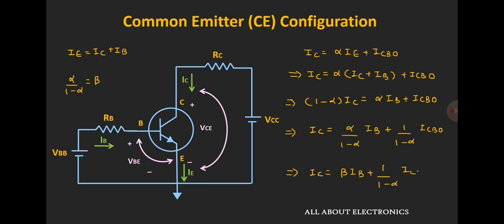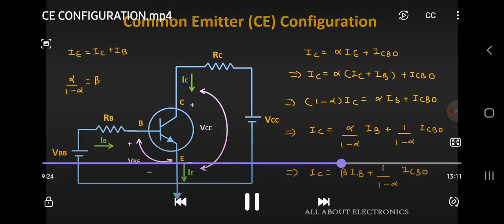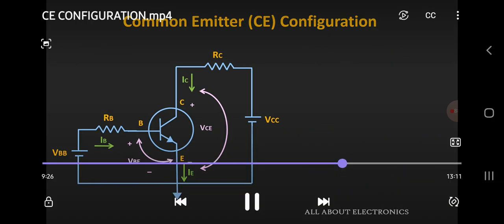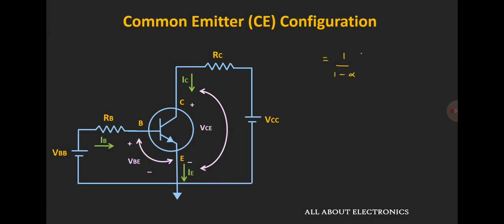So we can say that this collector current IC is equal to beta times IB plus 1 divided by 1 minus alpha times ICBO. Now whenever this base current IB is 0, at that time this collector current IC can be given as 1 divided by 1 minus alpha times ICBO. Now typically the value of alpha is very close to unity, and typically it varies from 0.95 to 0.99.